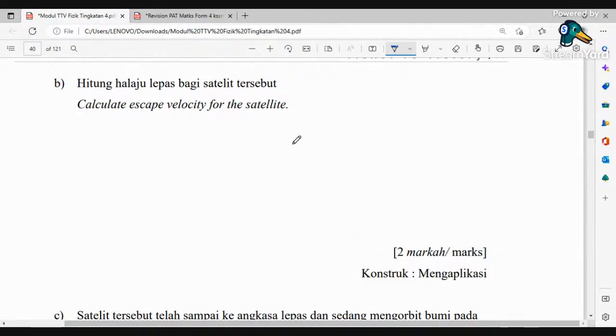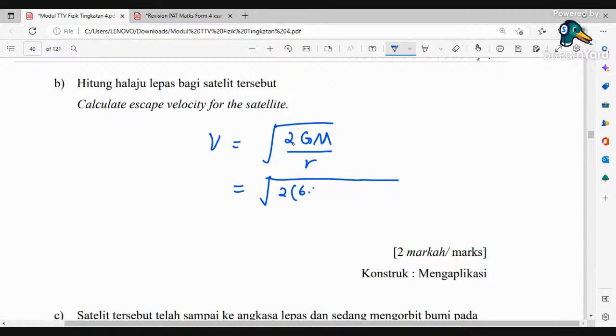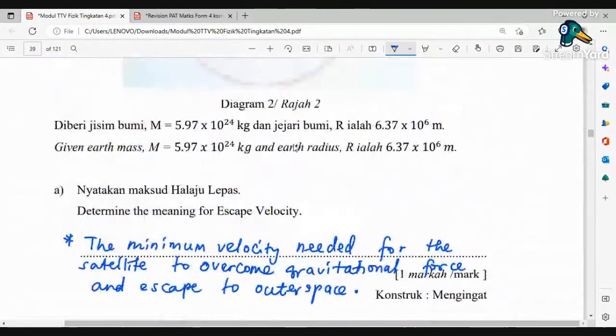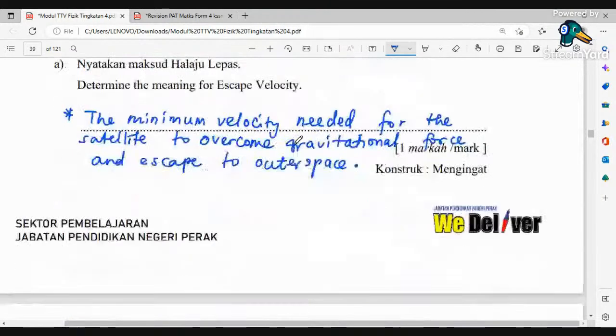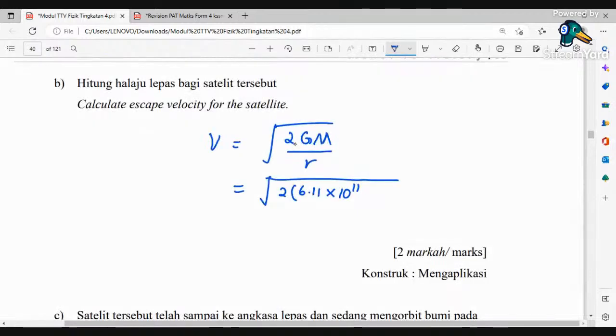Calculate the escape velocity of the satellite. So you must know the formula for escape velocity. Check the list of formulae: square root of 2GM divided by R. So you just substitute 2 times the value of G, 6.67 times 10 power negative 11, which should be given in the list.